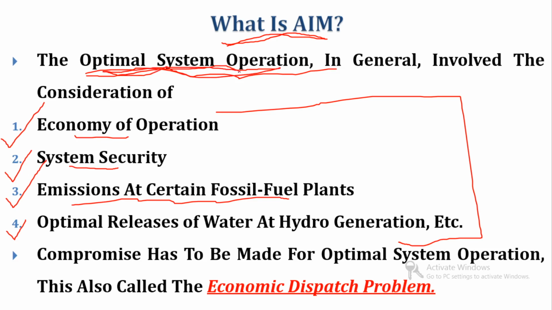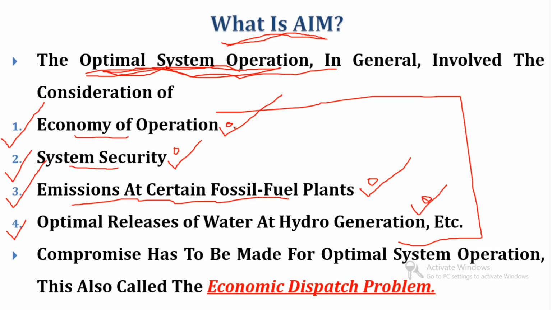optimal system operation. Optimal system operation means a system which operates in the most economical way, the system which is most secure, the system in which the emission of fossil fuel is least, the system in which there is optimal release of water in hydro power plant.